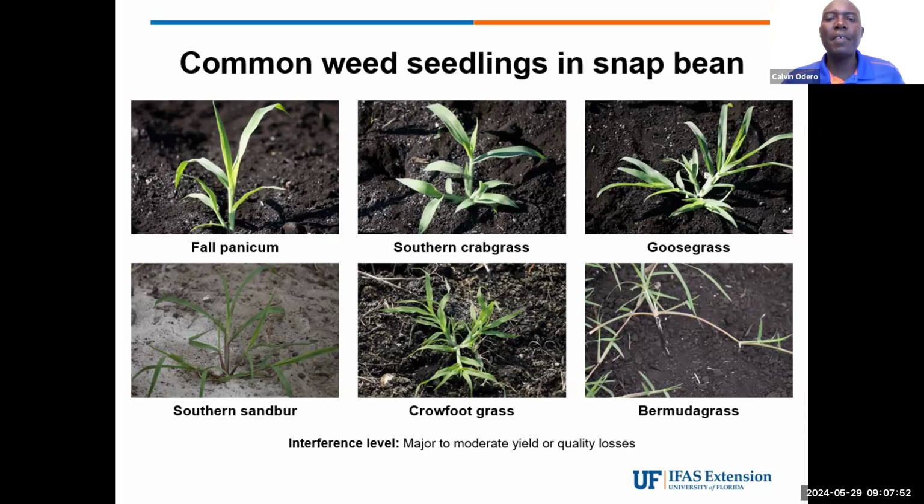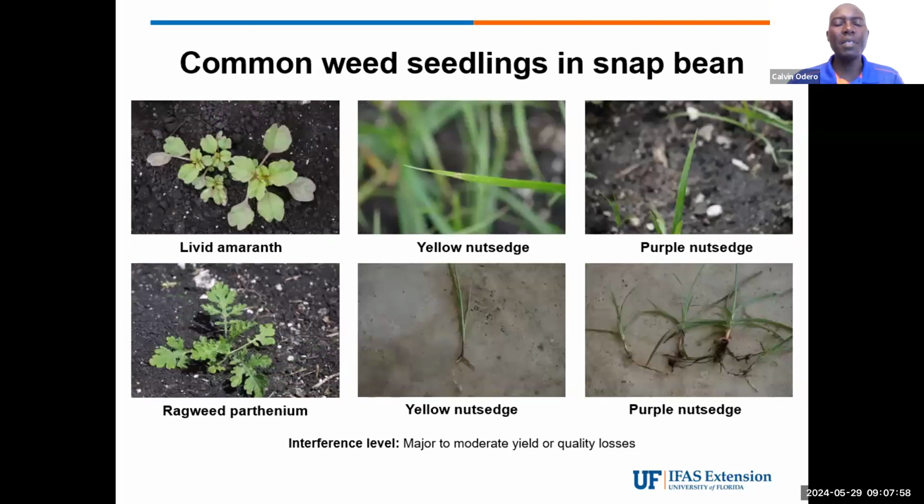The main difference between the two is that yellow nutsedge leaves gradually taper to a sharp point. That's the picture here. While purple nutsedge leaves abruptly taper to a sharp point.